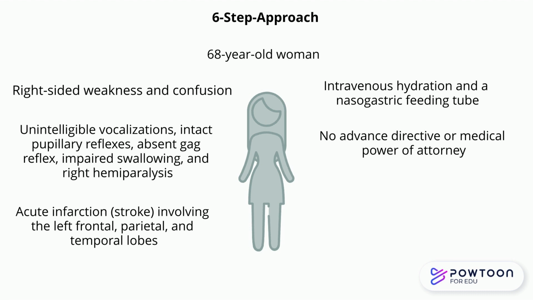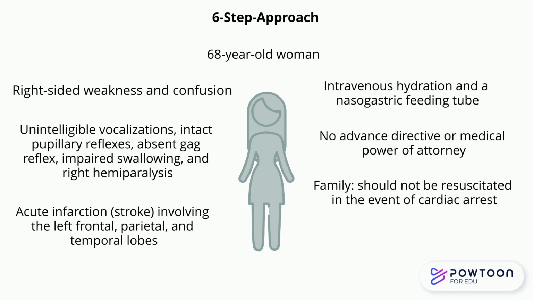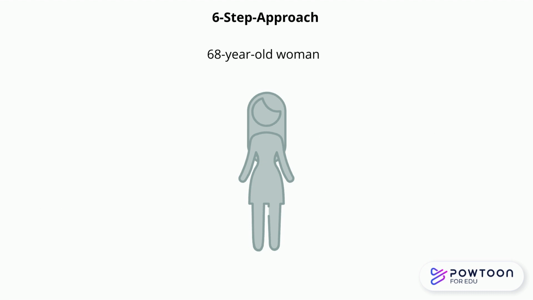Her family decides that she should not be resuscitated in the event of cardiac arrest. Her mental status fluctuates. At times she is able to recognize her family. On hospital day 4, she pulls out her nasogastric tube and it is reinserted. On hospital day 6, the attending physician recommends the insertion of a percutaneous endoscopic gastrostomy, short PEG, tube for longer-term enteral feeding.